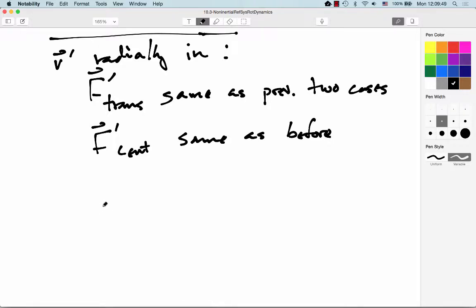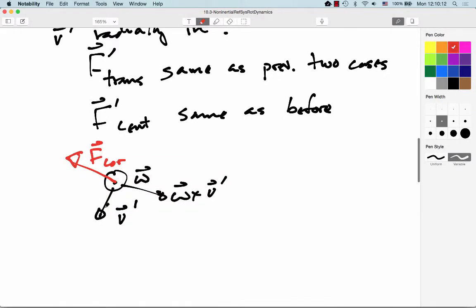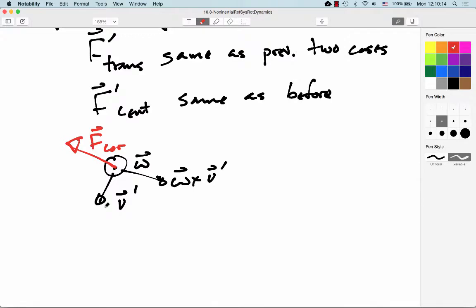For being radially in, there's my omega pointing out. That would be my v prime now, so that would be my omega cross v prime. And then that would be my Coriolis force. So again, it's trying to move you to the right for our clockwise rotation.